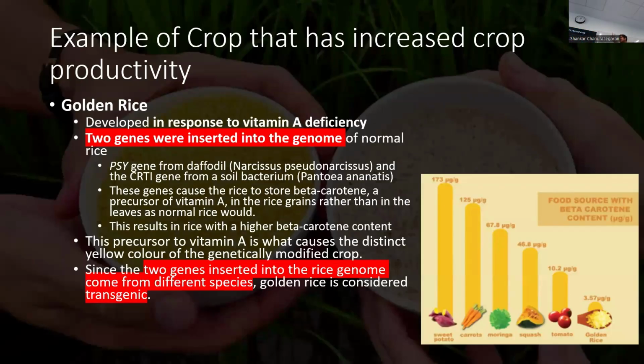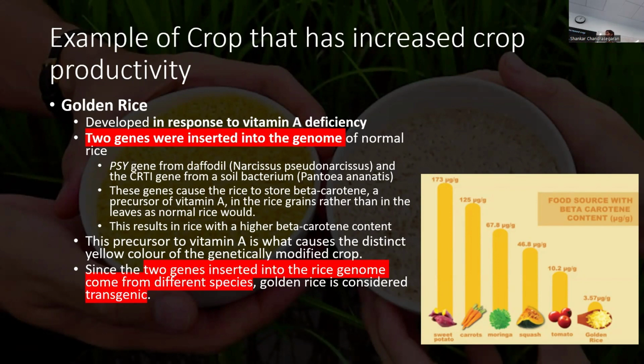One of the examples is golden rice. Golden rice is a genetically modified crop, which is technically considered a genetically modified organism, that was developed in response to vitamin A deficiency in developing nations.